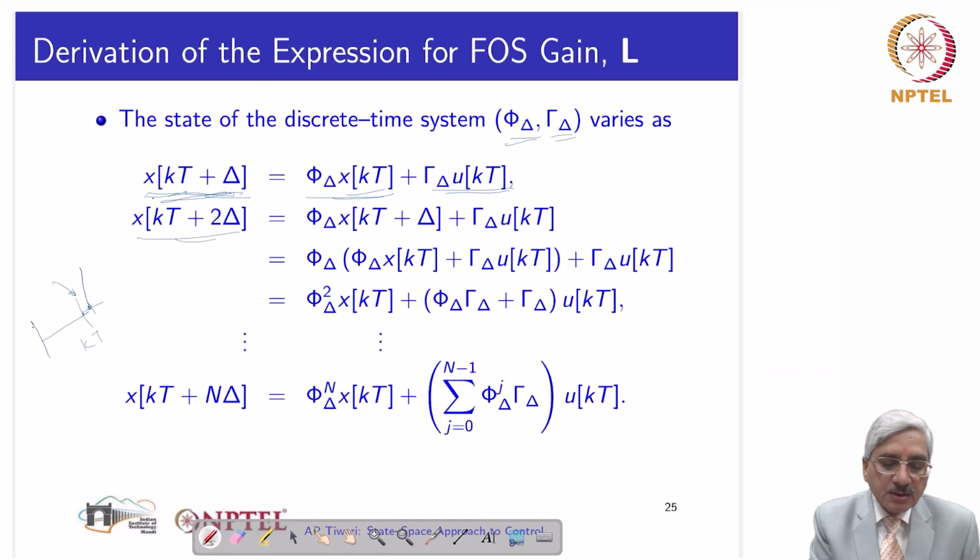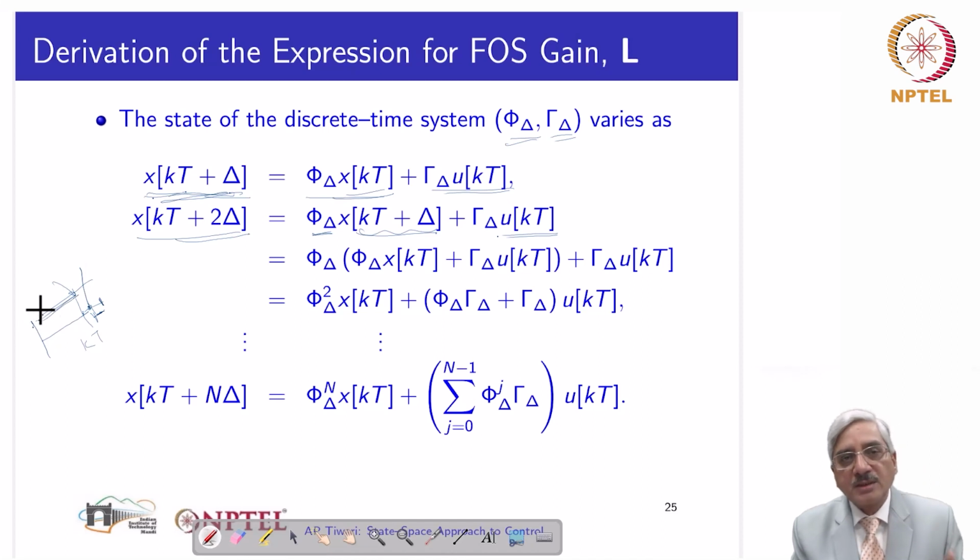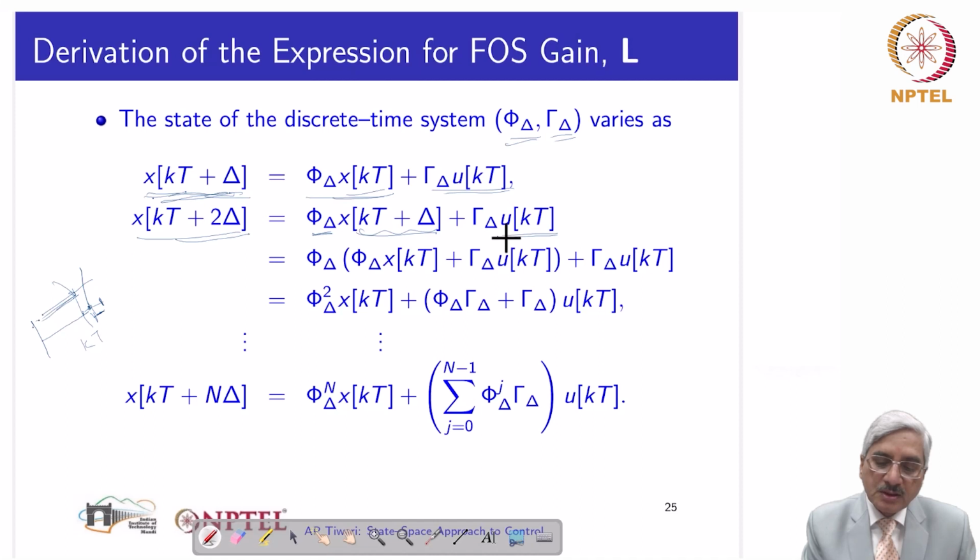Now x(kT+2δ) will be φ_δ times the state at the previous instant, the state transition matrix into the state here: φ_δ x(kT+δ) plus Γ_δ u(kT). Because the input is constant throughout the large sub-interval T, that is why we are using u(kT).